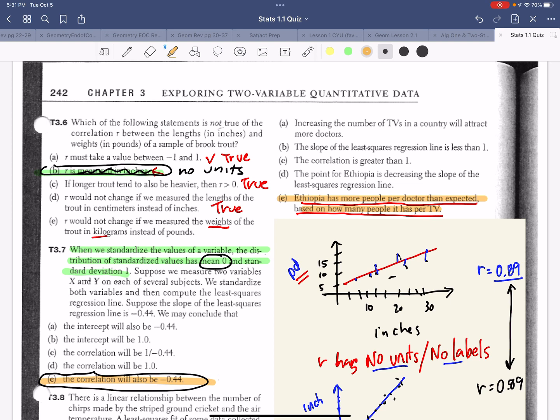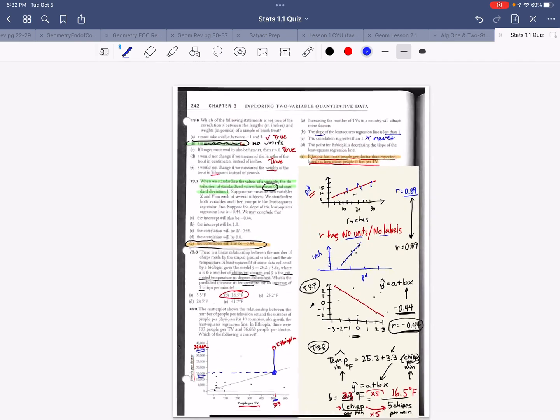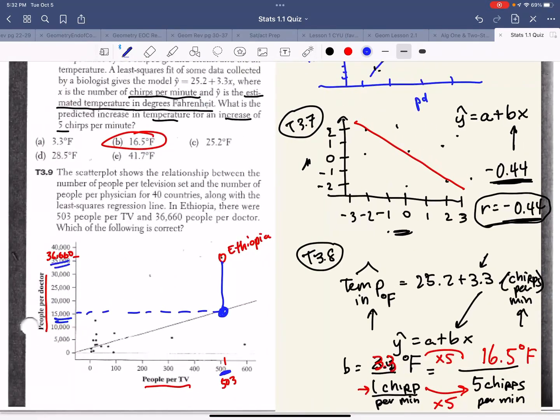The correlation is greater than 1, never, right? No. The slope of the least squared regression line is less than 1. No, it's positive, so the R is greater than 0. Oh, wait, I'm sorry. It says the slope of the least squared regression line is less than 1. Let's see our slope here.